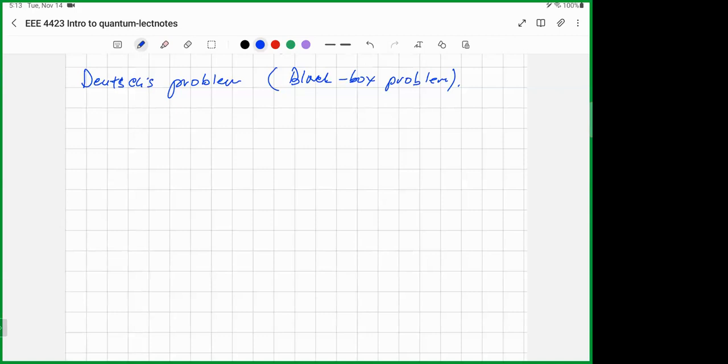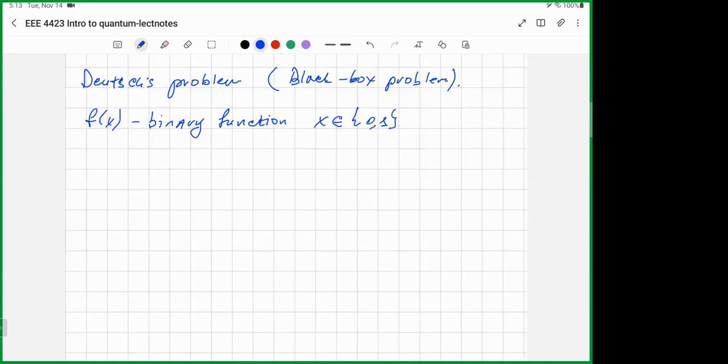Suppose we have a binary function, f of x. Binary means that this argument x can be 0 or 1.